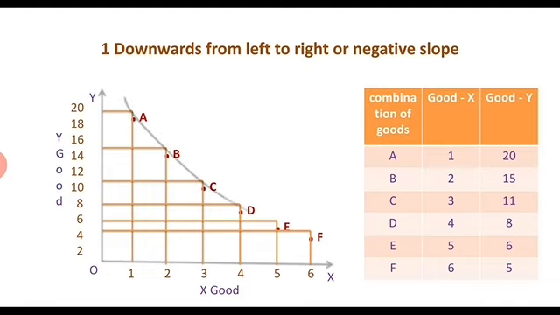It has a downward slope because in the same satisfaction giving combinations, when one good increases, the other good decreases. So the curves slope downwards from left to right.